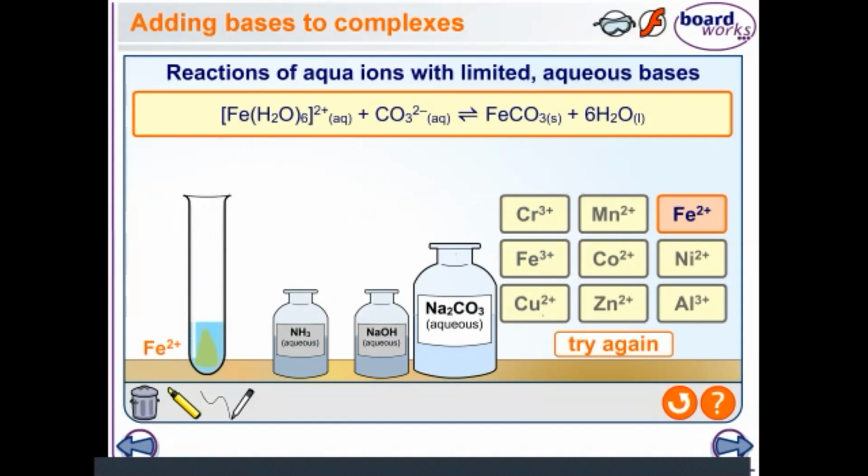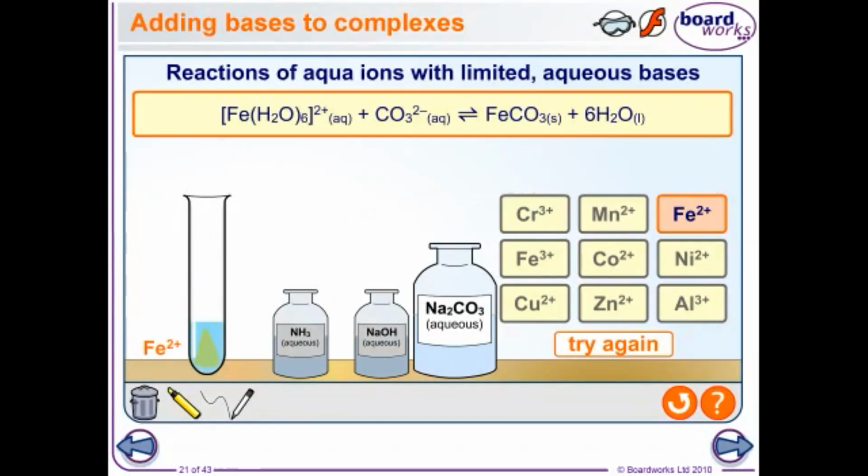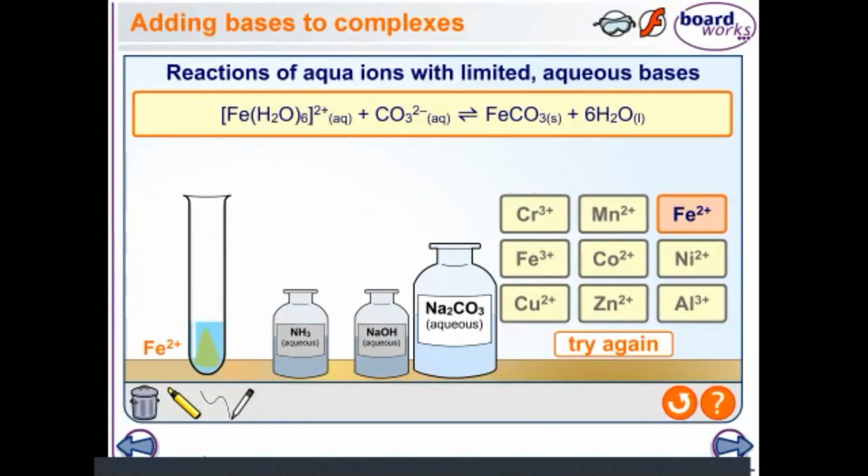If we add the carbonate to the Fe2 plus solution, or rather complex, again carbonate ions displace the water molecules to form iron carbonate. Of course, there's no carbon dioxide. So basically what happened is that the carbonate ion displaced the water ligand in the iron water ligand complex.